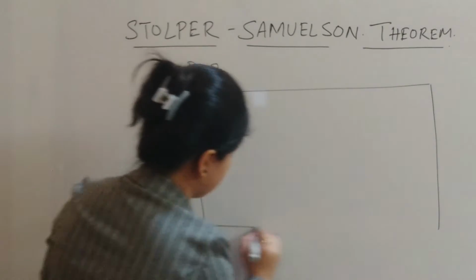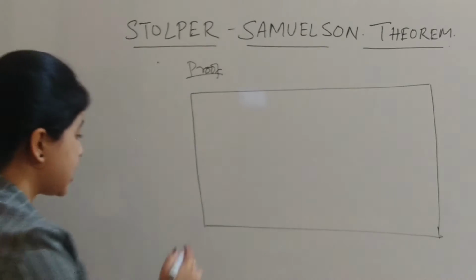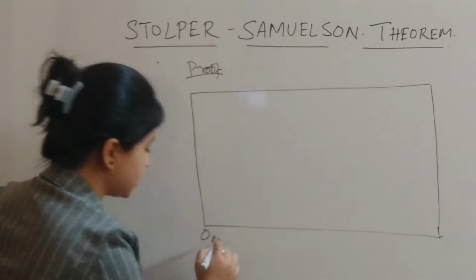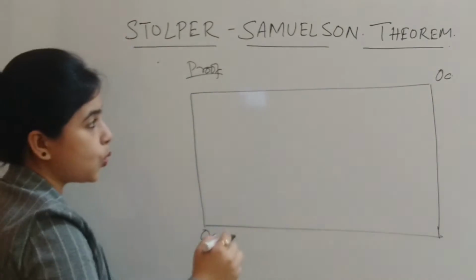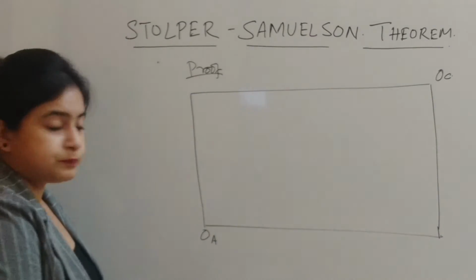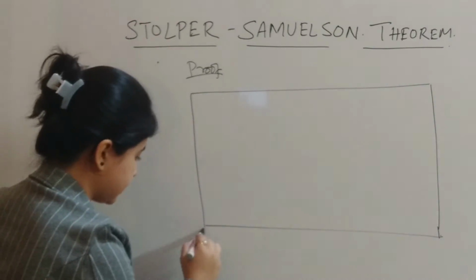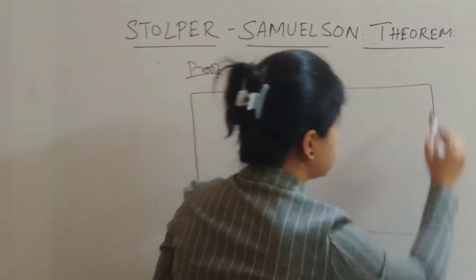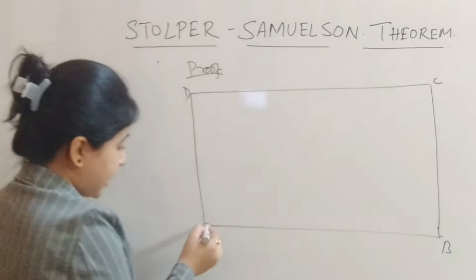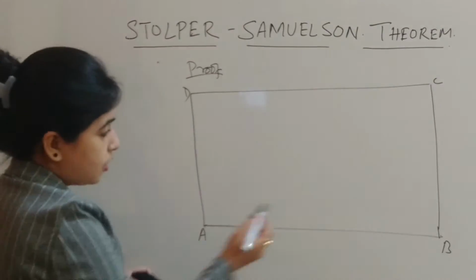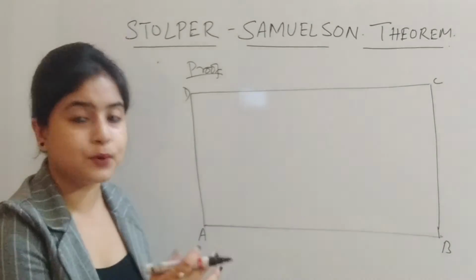the Edgeworth Box. Okay, so let's say this is the Edgeworth Box, and here we have origin, let's say OA, and here we have origin, let's say OC. Or let's just mark it as A, B and C, D. That will make it easier. A, let's say B, this is C and D. Let this AB axis be denoting the labor.